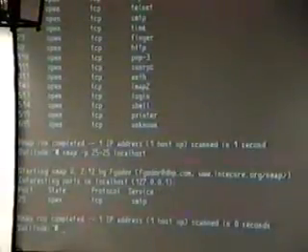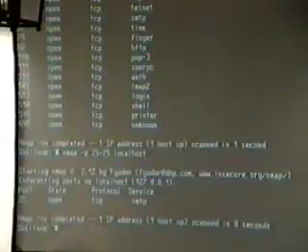The listing of what services are running on those particular ports if they're open. The -F is a fast scan, which only scans for services listed in the /etc/services file.